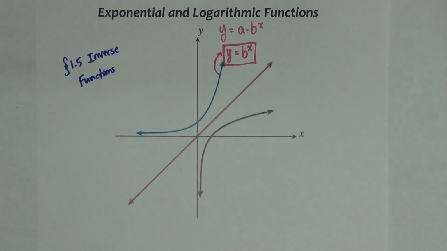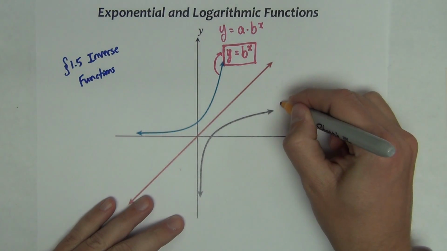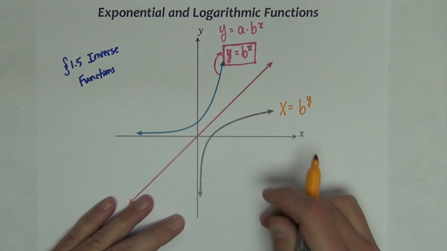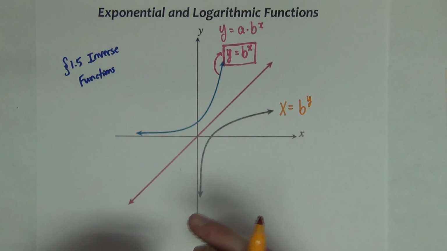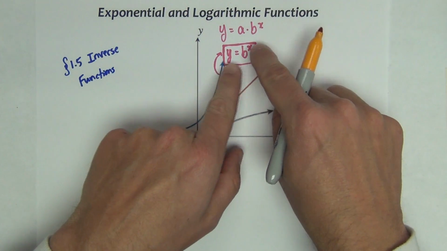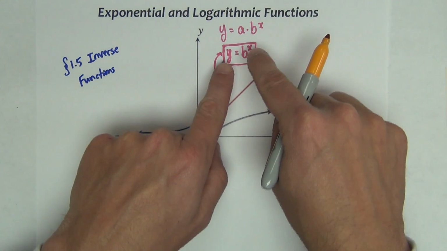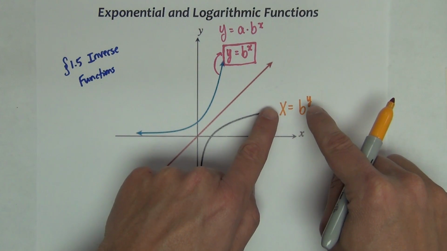Okay? And that particular graph has an equation also. The equation of this graph is x equals b raised to the y. As we know, when we find and define inverse functions, we do it by just taking the x and the y variables and interchanging them. We just flip them. So if I do that to this y equals b raised to the x, we get x equals b raised to the y.